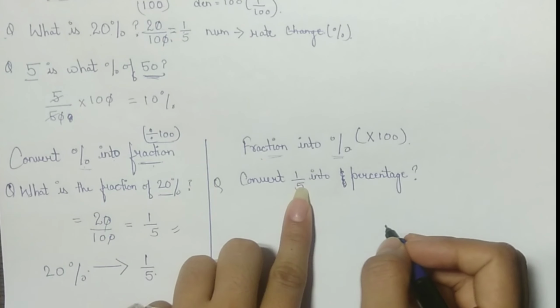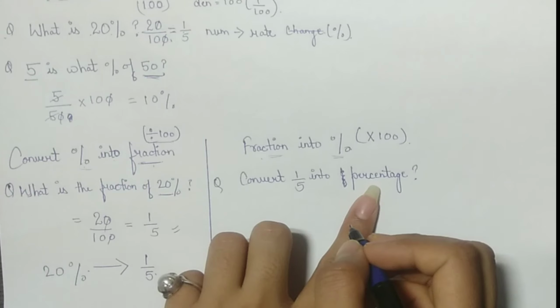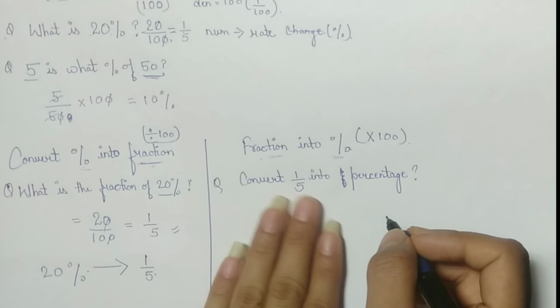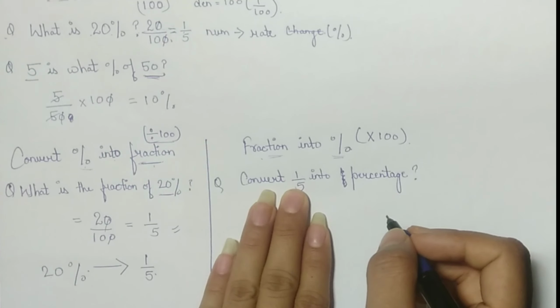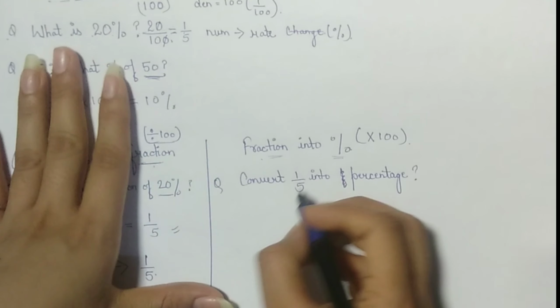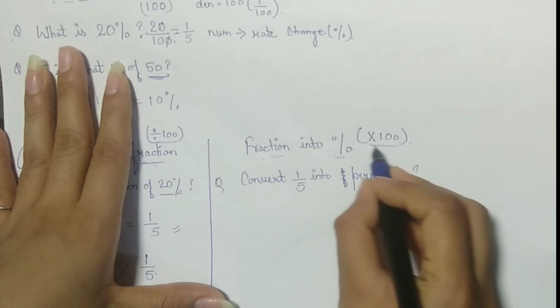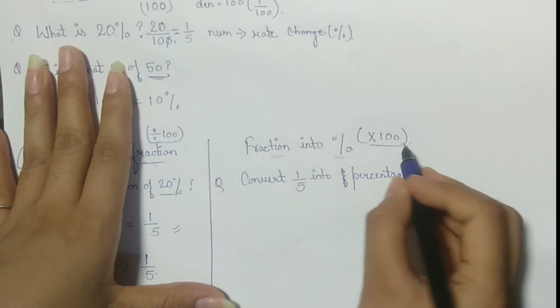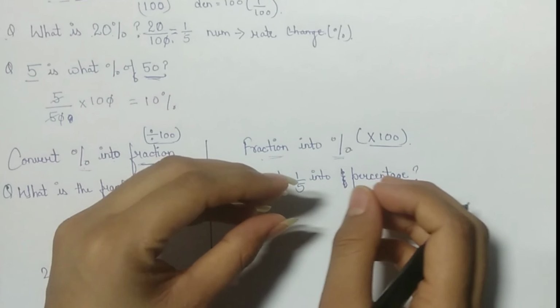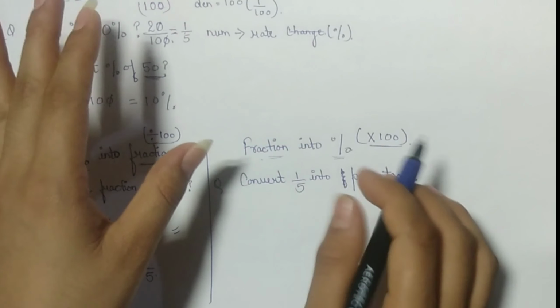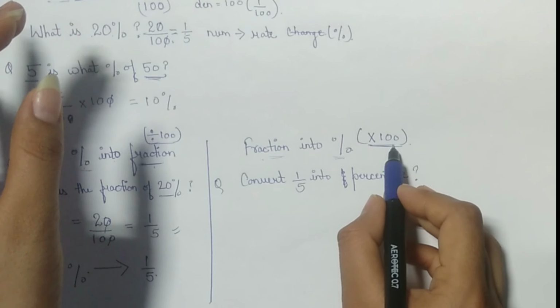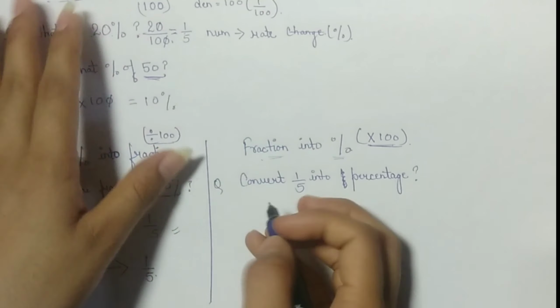Now, conversion of 1 by 5 into percentage. We need to convert the fraction into a percentage. For this, we just need to multiply it by 100. Whatever fraction is given in the question, just multiply it by 100.